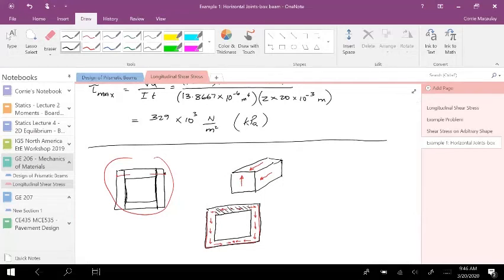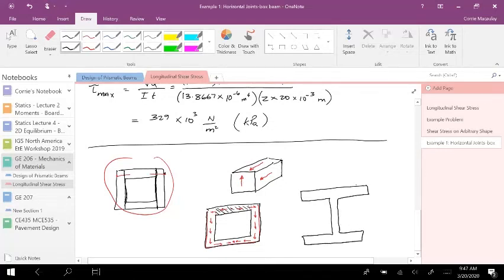Depending on where you are on your beam, you would look at that area to the point in question, but based on your flow. And here's how it might be slightly different, so let's look at an I-beam section. If we have an I-beam, our flow usually goes from outside in and down.